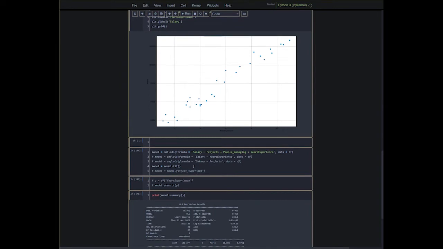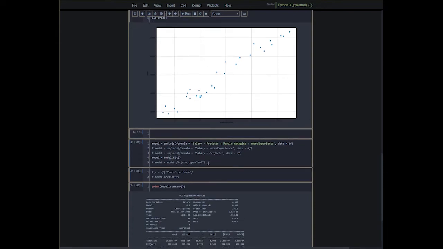Then create the model. I am using the smf.ols command, which is ordinary least squares. The formula is salary against the independent variables, all of which are listed here. We put in the data and fit the model.